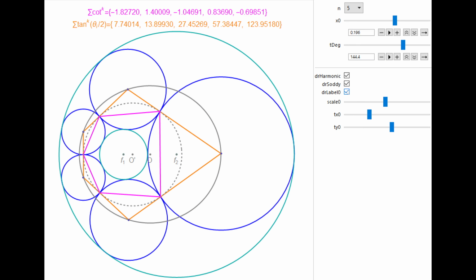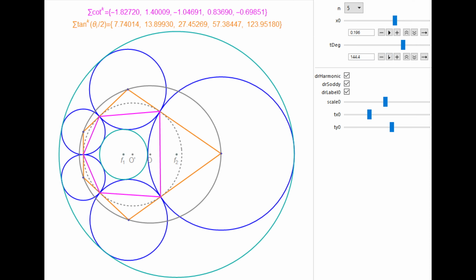Now I want you to take note of a couple of recent results. Let's go ahead and place them up here. It turns out that the magenta family, the harmonic polygon family, conserves the sum of its internal angle cotangents. So here's the sum of internal angle cotangents. Here's the sum of internal angle cotangent squared, cotangent cubed, cotangent fourth, and cotangents to the power of 5.